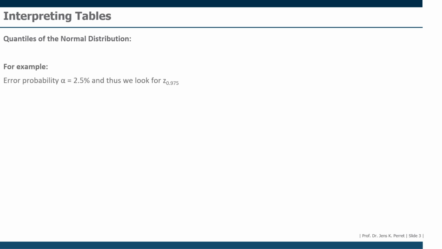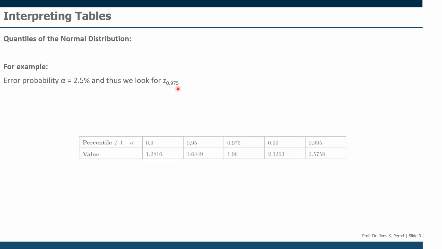So for example here, if we say we have an error probability of 2.5%, we're going to look up the value 0.975, which we might need for something like confidence intervals, for example, or a Gauss test. If we want to look this up, we usually get tables like this, maybe a little bit larger. And in this first row, we have the probability we have to check for.